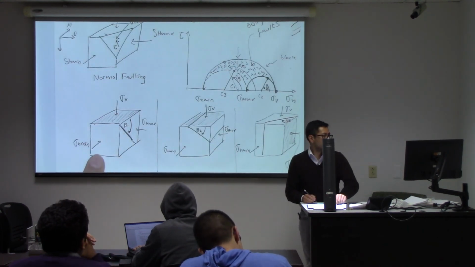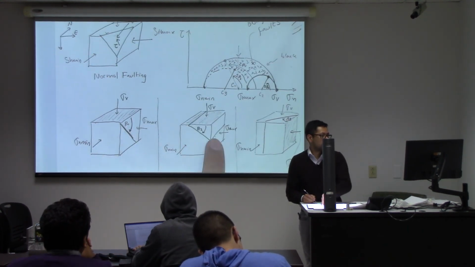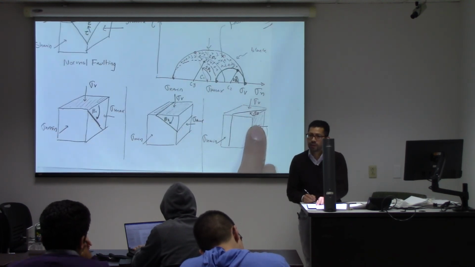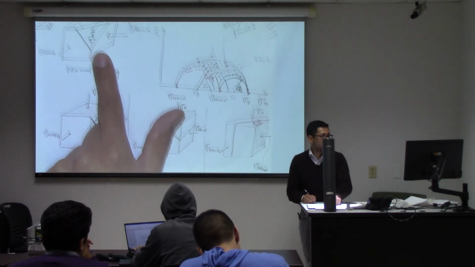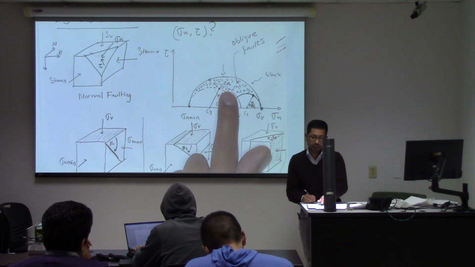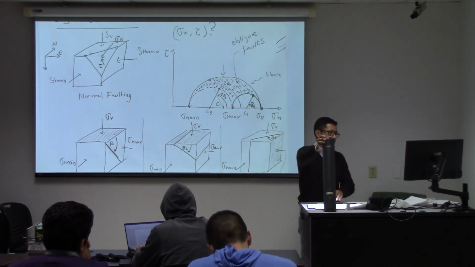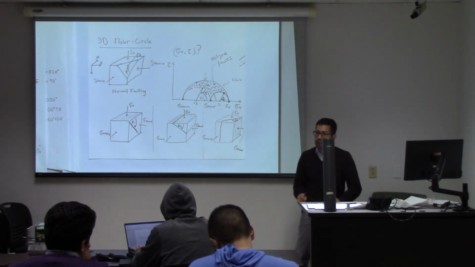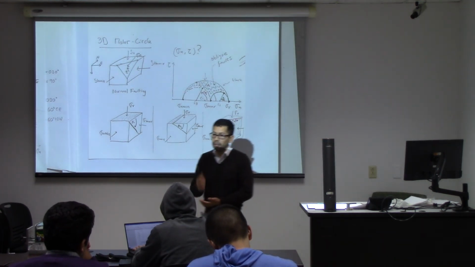Notice that this one coincides with sigma h max, this one coincides with sigma h min, and this one with sigma v. We could have a case later on in which it doesn't coincide with any of those. And in order to solve that problem, we're going to need to do quite a bit of math. You have a question?